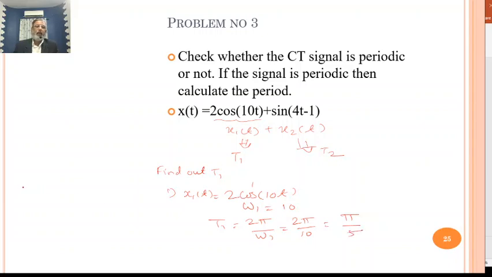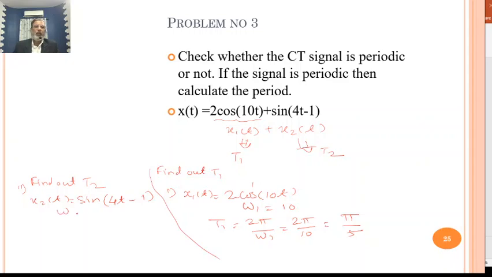Then find out T2, and the T2 signal is sine of 4t minus 1.